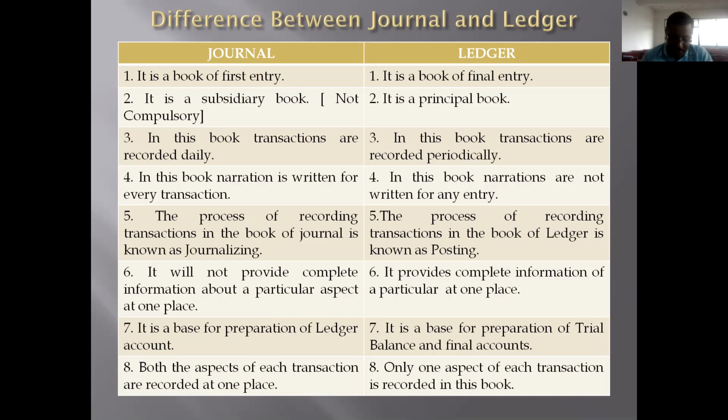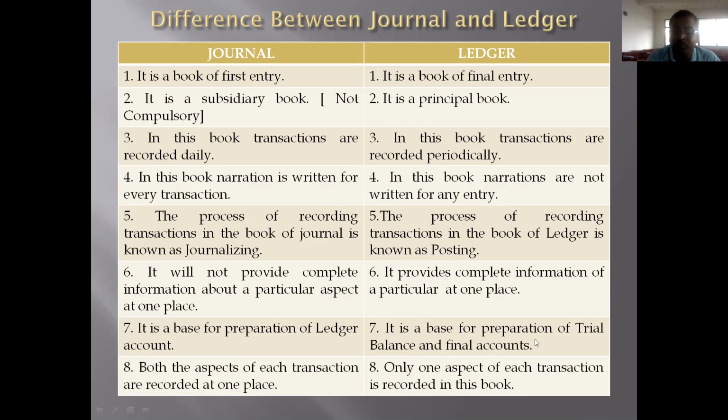And the seventh difference: journal is a base for preparation of ledger accounts. But what about ledger? It is a base for preparation of trial balance. So the seventh difference is that journal is a base for preparation of ledger accounts, and ledger is a base for preparation of trial balance or final accounts.